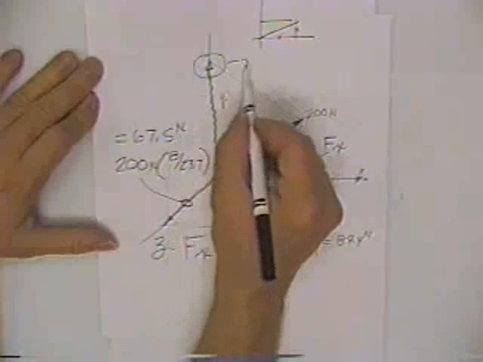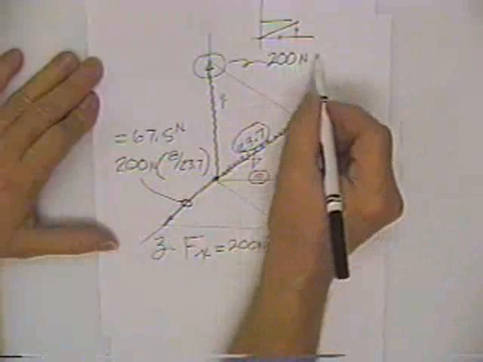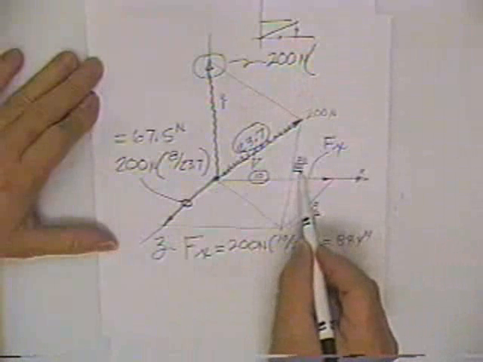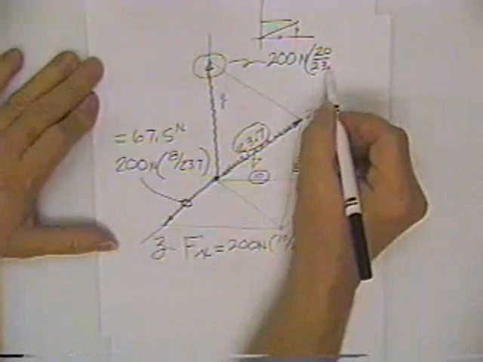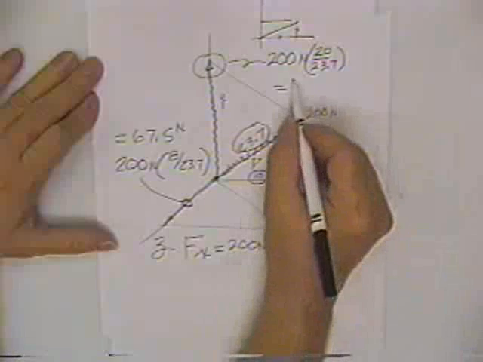And this guy right here points up 200 newtons multiplied times his upward projection, which was 20, times 20 over 23.7, is equal to 168.8.